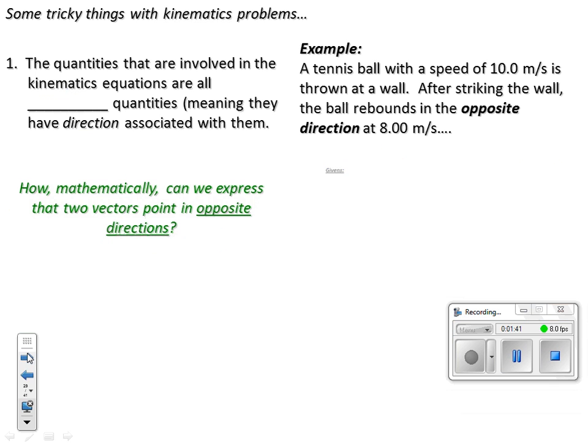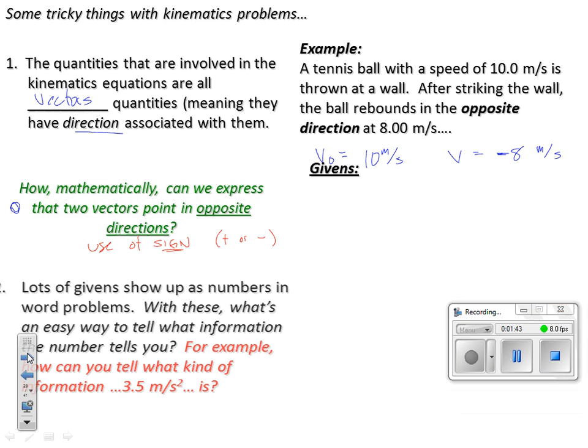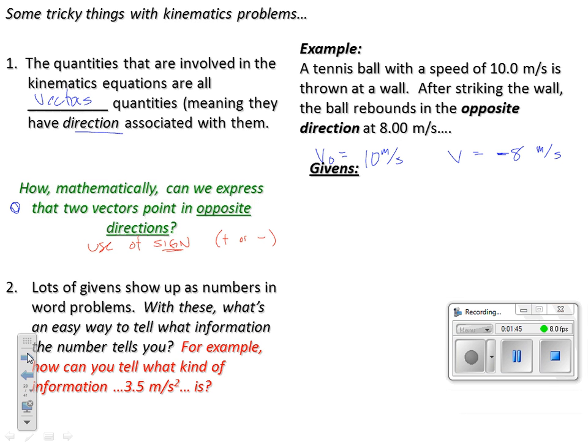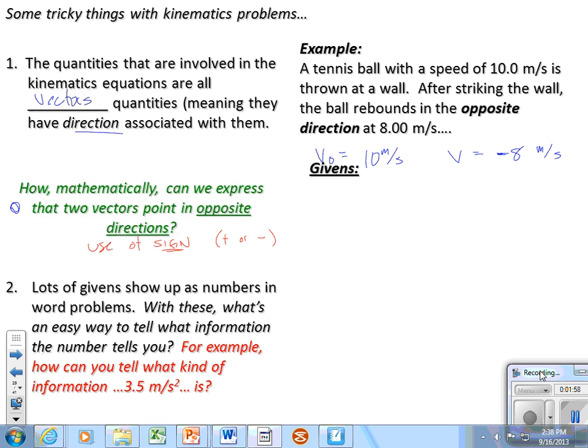Next, third. Sometimes a question will say, with an initial velocity of something meters per second. Let's say you just saw that out of the blue, and you say, which given is that?